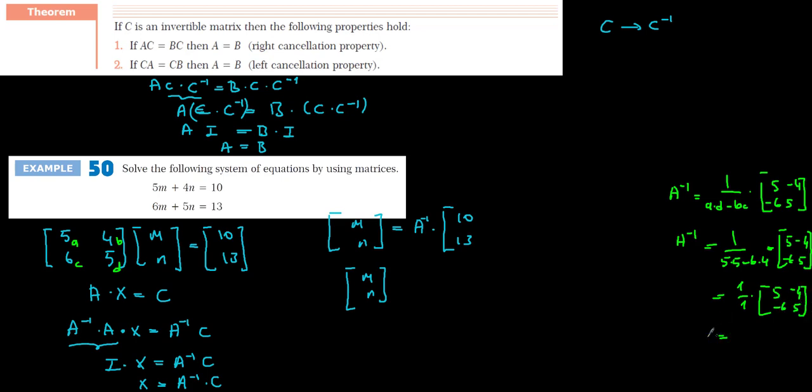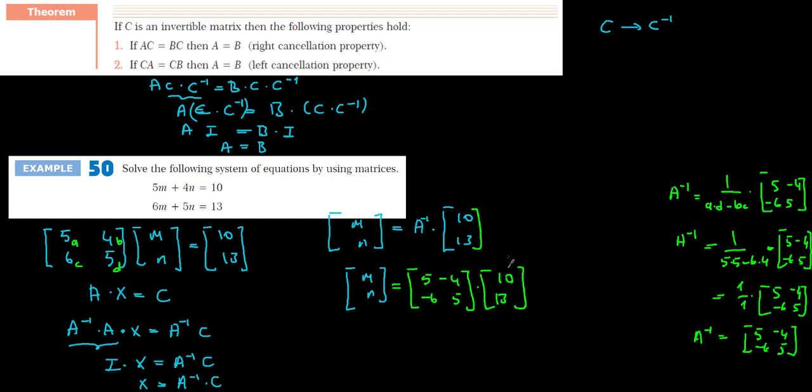So A inverse is equal to 5, minus 4, minus 6, and 5. I'm going to replace it here: 5, minus 4, minus 6, and 5, times 10, 13, which is equal to m and n.